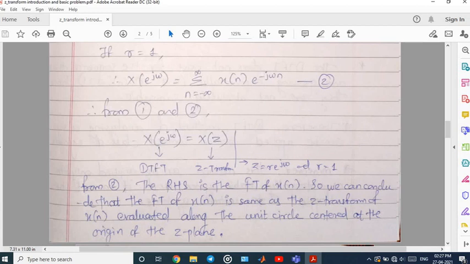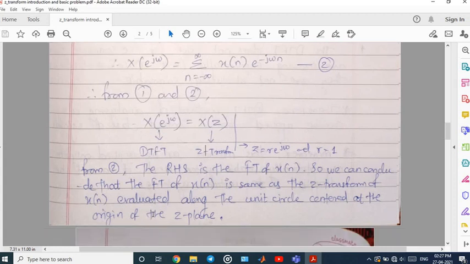So we can conclude that the Fourier transform of x of n is the same as the Z transform of x of n evaluated along the unit circle centered at the origin of the z plane.